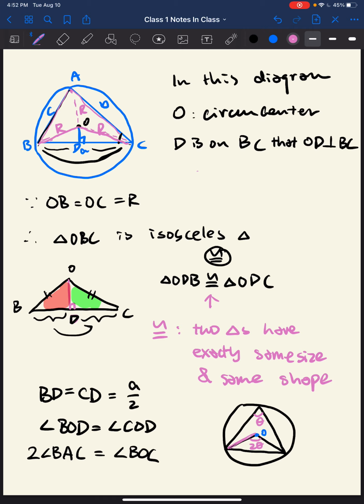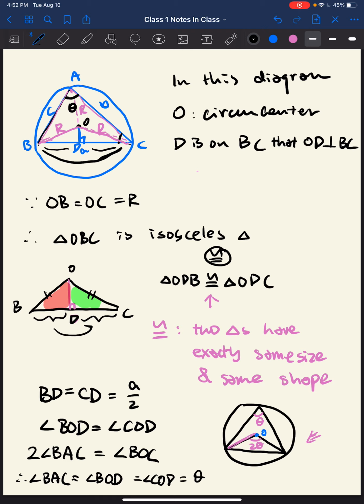You see that it is exactly the same as this diagram right here. So 2 angle BAC equals angle BOC. So angle BAC equals angle BOD equals angle COD, and all of them should equal theta, which theta is this angle right here.